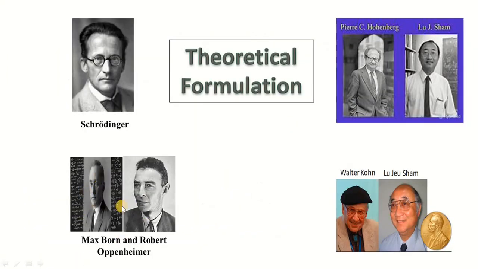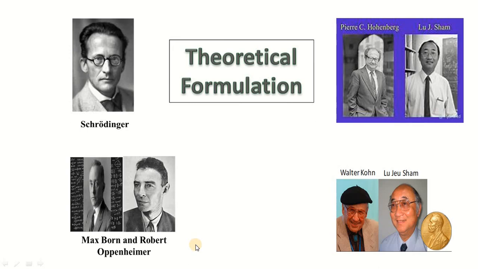Max Born and Robert Oppenheimer gave the approximation called the Born-Oppenheimer approximation, according to which the nuclear movement is quite minor in comparison to the electron motion, because the nucleus is very heavy compared to the electron. So we can say that the nuclei are stationary, so the kinetic energy of the nuclei is zero.